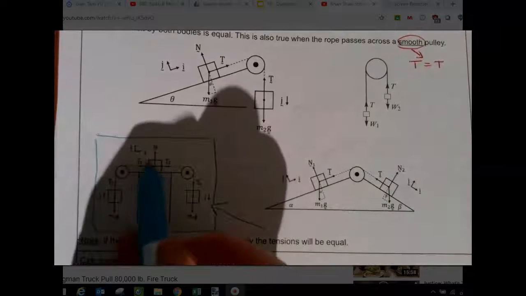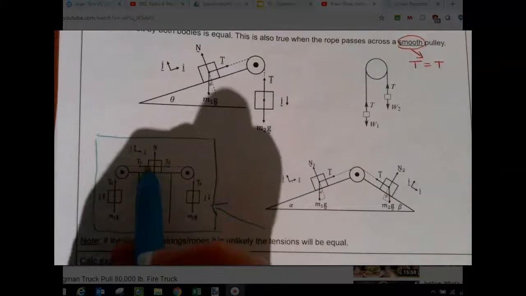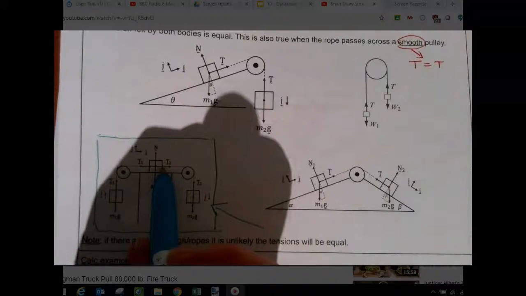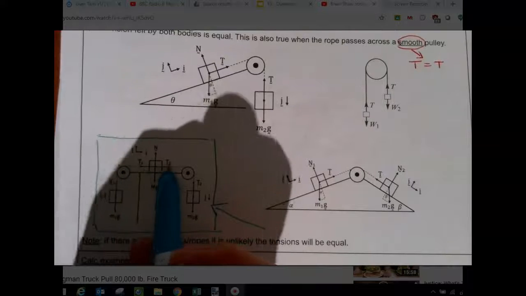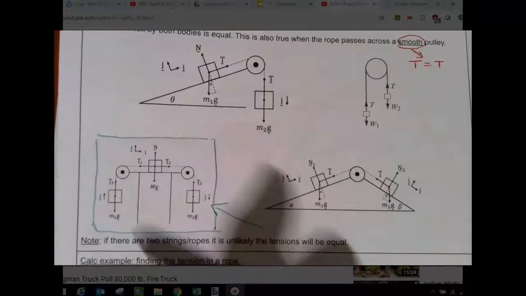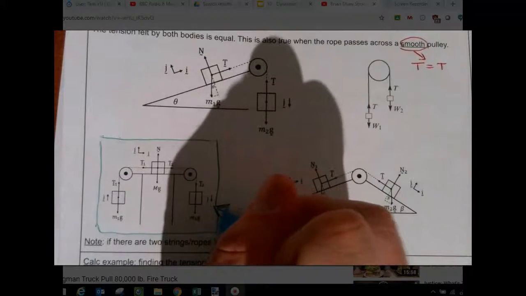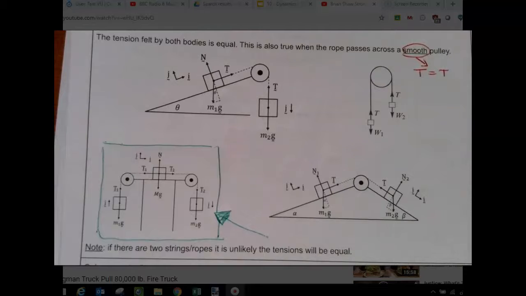If we call this mass in the middle the main mass, we've got one rope that goes to the left around this pulley, and we have a completely separate rope that goes the other way. And therefore those tensions are not equal. We have to call them T1 and T2, and we have to consider them separately. If they are equal, it's purely by chance. So, bear that in mind when you're doing all the questions from the exercise.